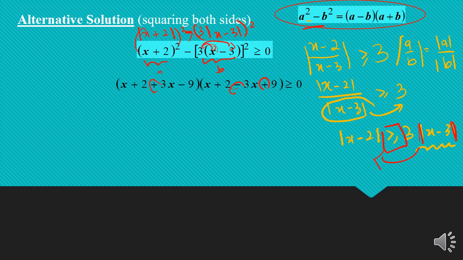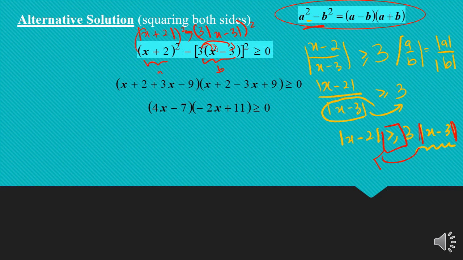We just have to simplify each of the brackets. So x plus 2 plus 3x minus 9 will be 4x minus 7, and then x plus 2 minus 3x plus 9 will be negative 2x plus 11, more than or equal to 0.